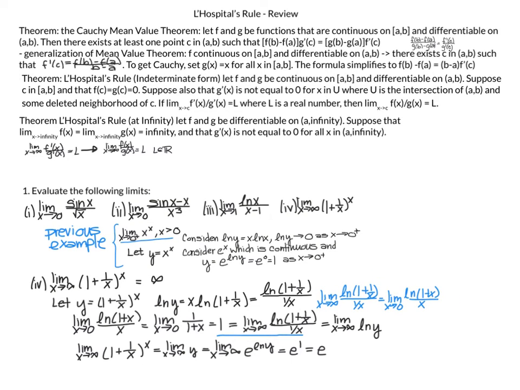The limit as x approaches infinity of natural log of 1 plus 1 over x divided by 1 over x is equal to the limit as x approaches 0 of natural log of 1 plus x over x. So I use this blue formula here to substitute. When I look at the limit as x approaches infinity of this, I'm going to convert that to the limit as x approaches 0 of natural log of 1 plus x over x.